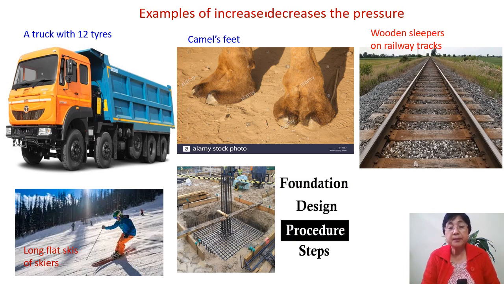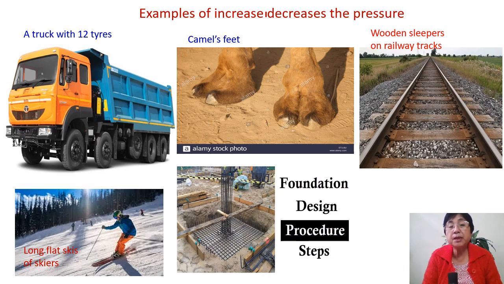The next example is a railway track. In the railway track, if we have only these two rails, then because of the pressure of the running train, they will be sinking in. So in order to make the area of contact more, we make the wooden slippers.